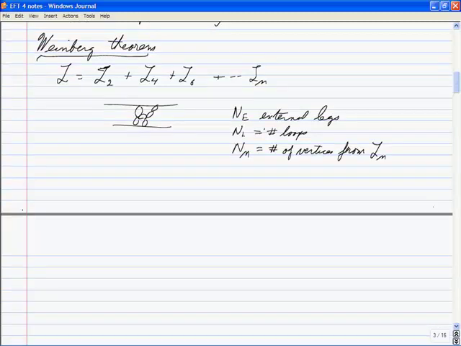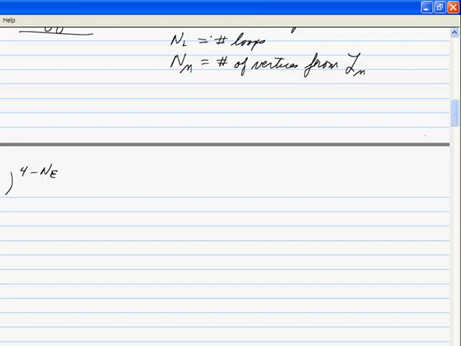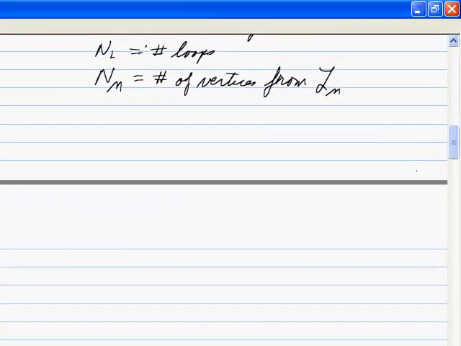Okay. On general grounds, by dimensionality, the matrix element is going to go like some energy or mass factor to the 4 minus NE. And that's nothing to do with effective field theory. That's just counting the dimensionality of a vertex.